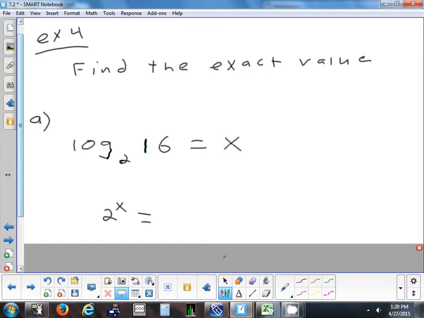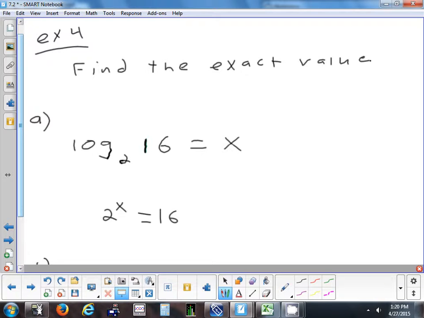The only thing left, I've used the 2, I've used the x, is the 16. I know what x is. 4. For this kind of problem, I'll always make sure that the argument is a power of the base. Otherwise, you're not going to be able to do it in your head.